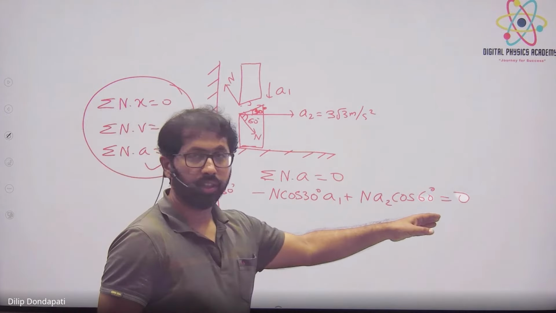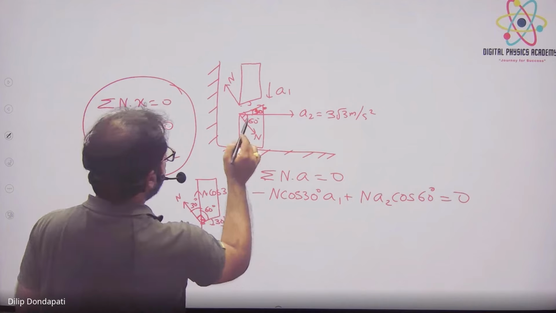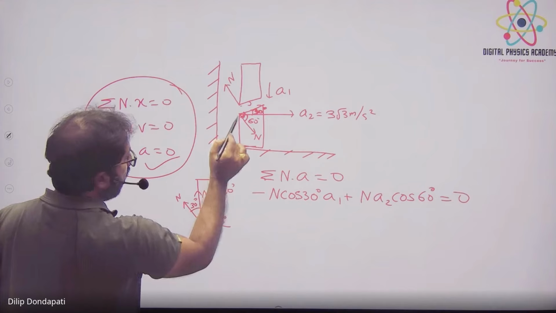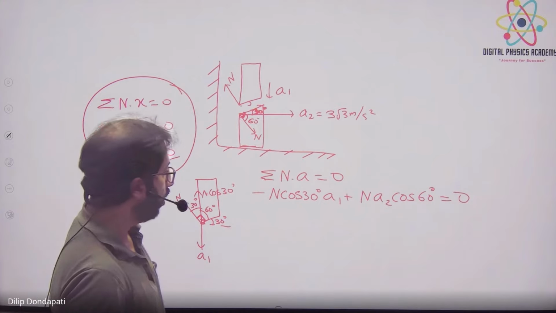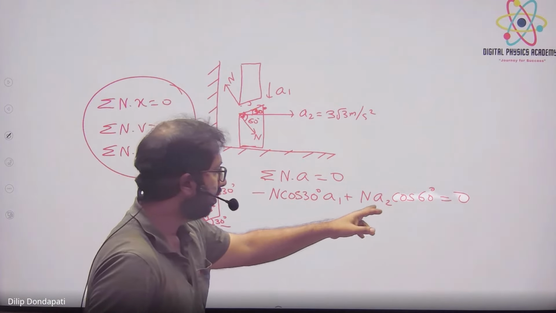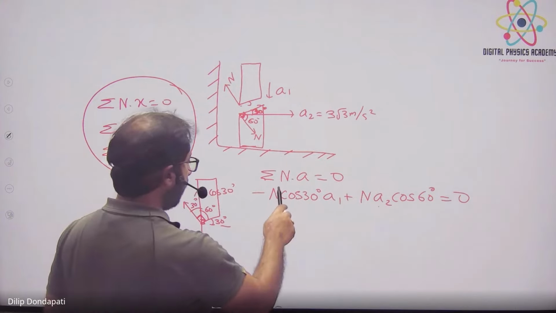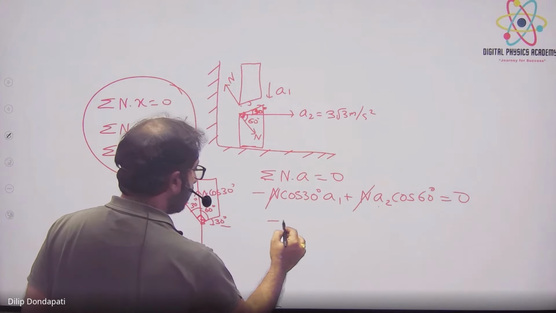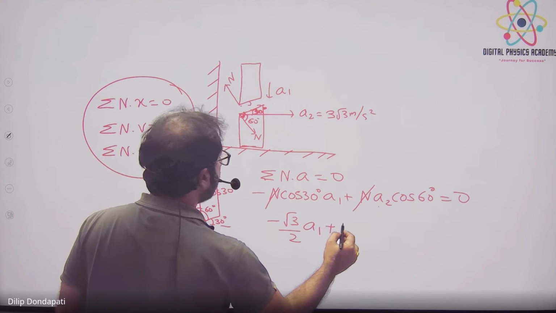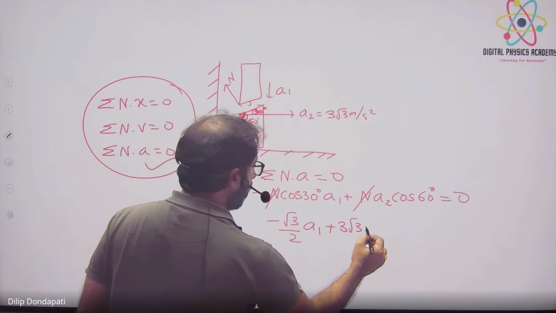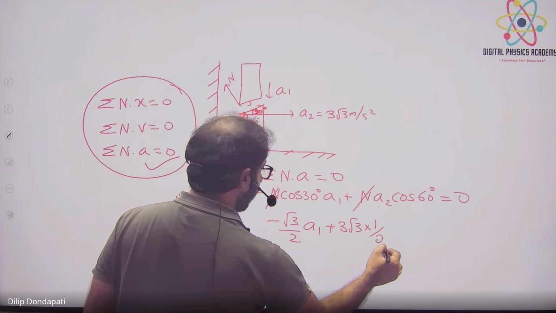F a cos theta, like normal reaction और acceleration का angle. Okay, because n dot a, right? A2 की जगह में सबसे n कैंसिल, cos 30 is minus root 3 by 2 A1 plus A2 की जगह में 3 root 3 cos 60 is 1 by 2 is equal to 0.